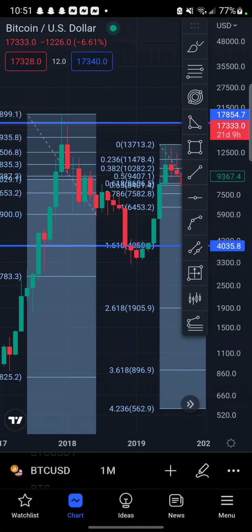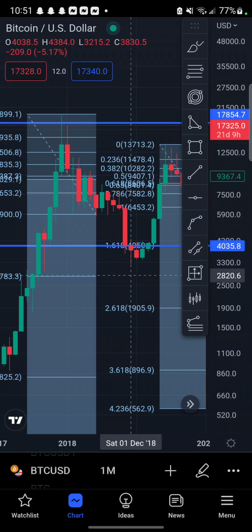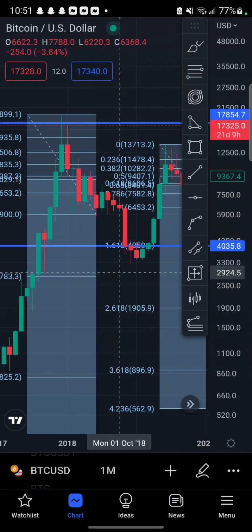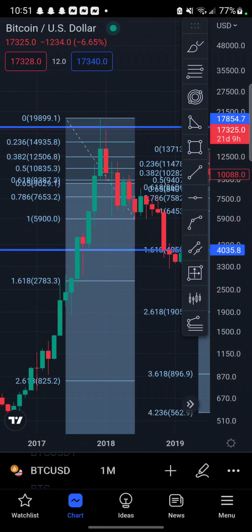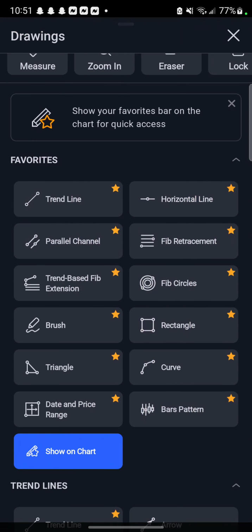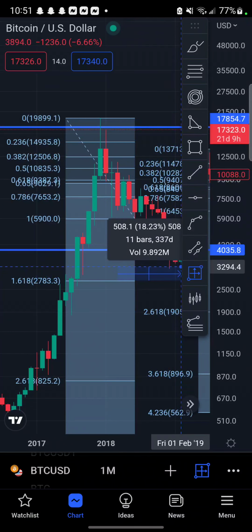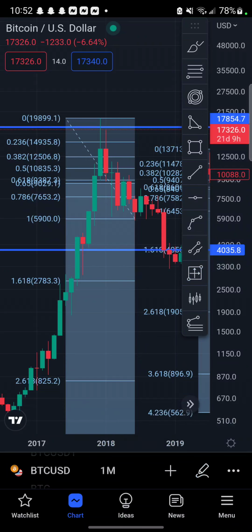Here we didn't even touch it. We stayed above that 1.618. The target was down here, but we only went to 3,200. So we were off by about 15% based off of that strategy.